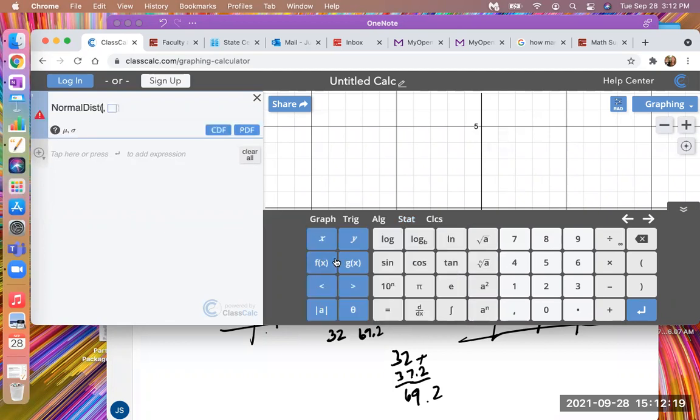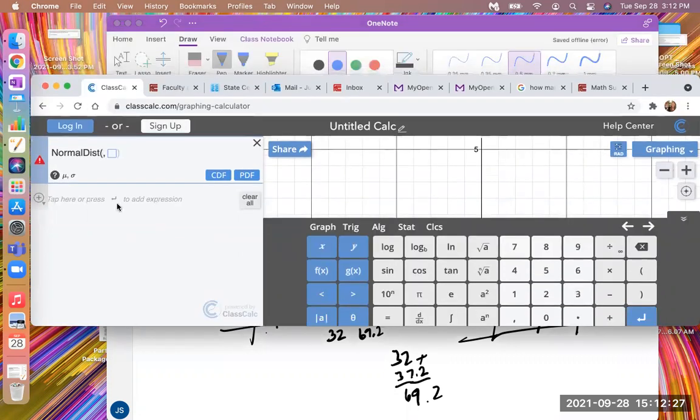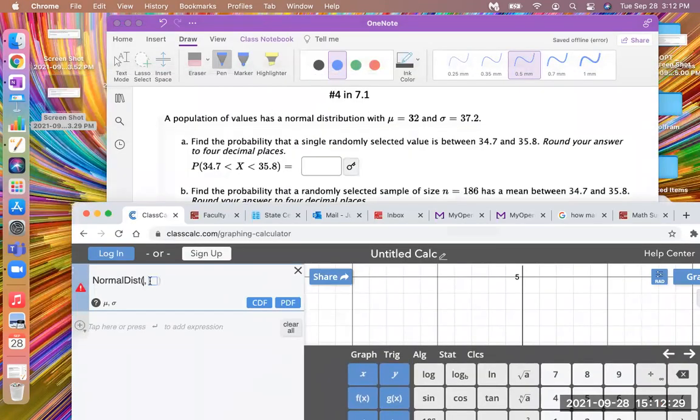It's very similar. It's going to ask us for two things, the mean and standard deviation, which are exactly the two things they had already given us in this problem. The mean is 32, so I put 32, and then the standard deviation is 37.2.